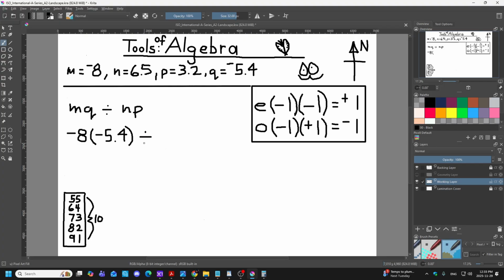That's all divided by n, 6.5, times p is 3.2.